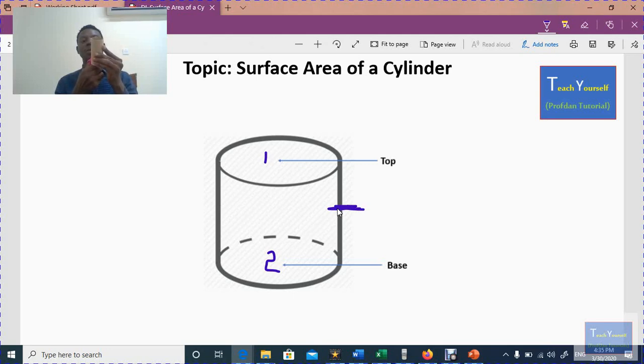Before it was rolled to give this curved surface, I want to open it up now. This is the cylinder. If I open it up, you see, it gives something like this. And this is a rectangle. So it means that a cylinder is made up of a top circle, bottom circle, and a rectangle if opened up.